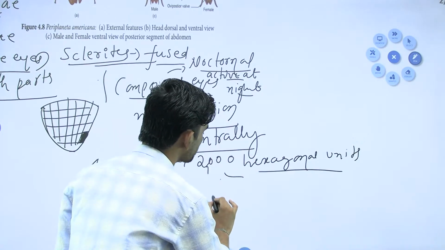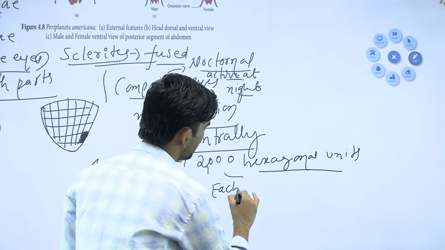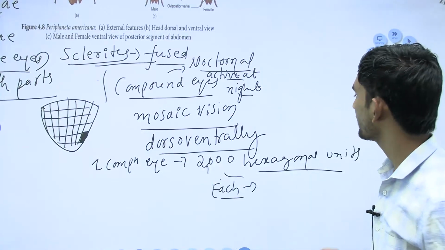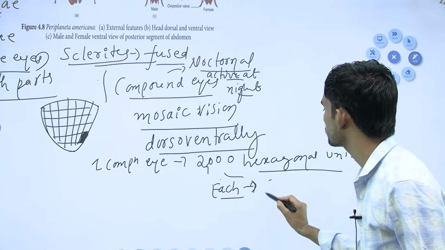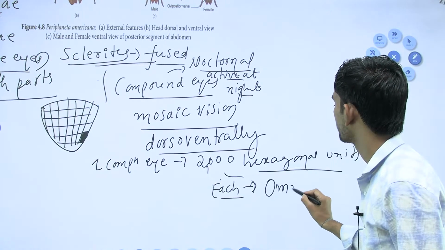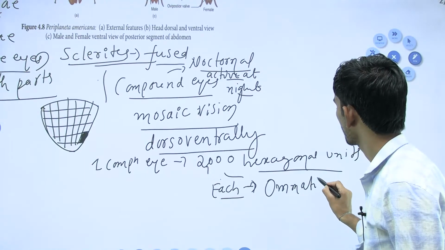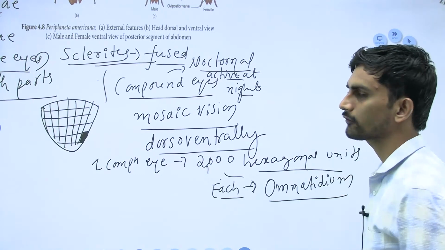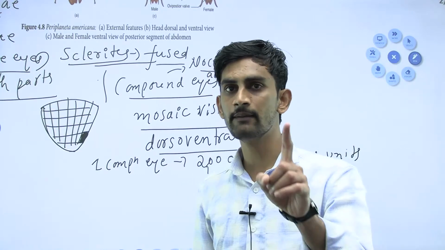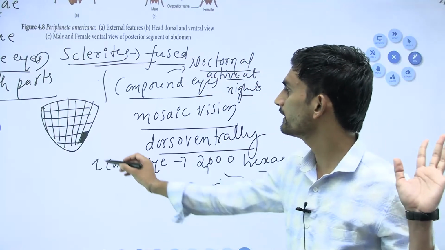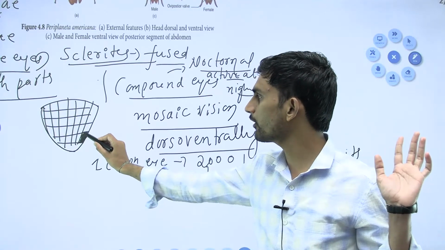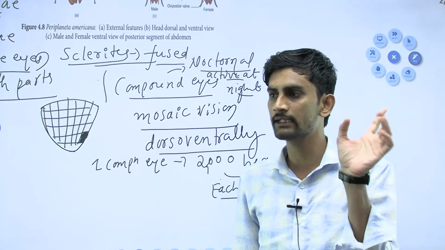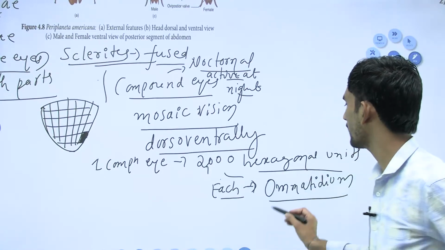Each single hexagonal unit we can call an ommatidium. Ommatidium means only one hexagonal unit. Like that, how many are there in one compound eye? In total, 2000 are there. So you have to concentrate.